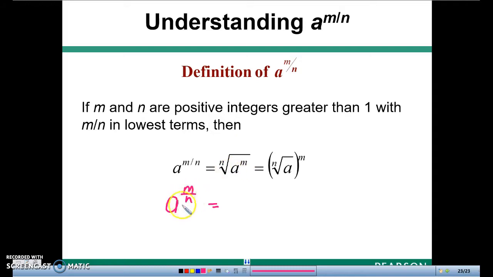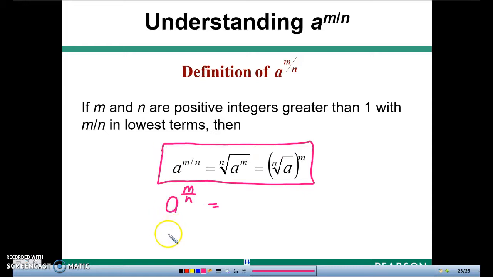Remember, the index is always your denominator. You can say the nth root of a raised to the m power, because m is your exponent on your radicand. Or you can take the nth root first of a and then raise it to the m power. All right, so that is our full definition of rational exponents, changing rational exponents to radical form.